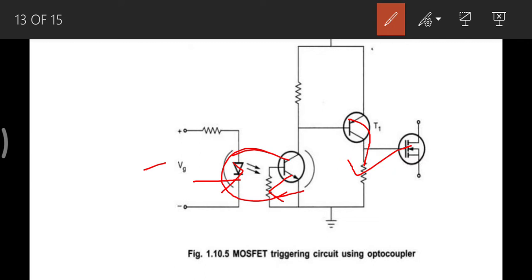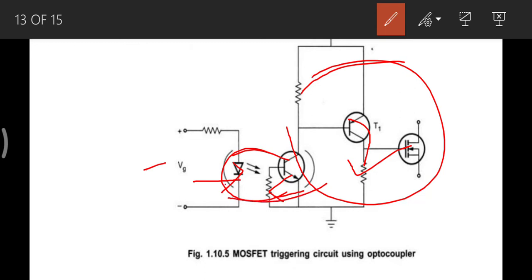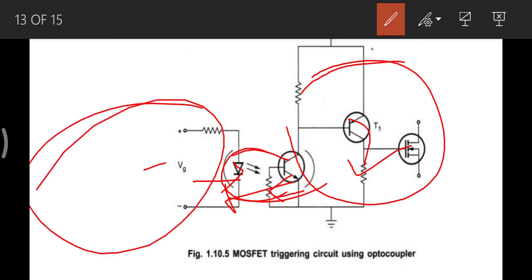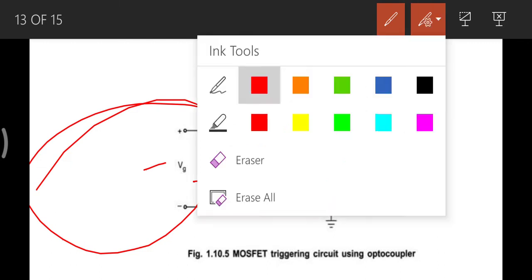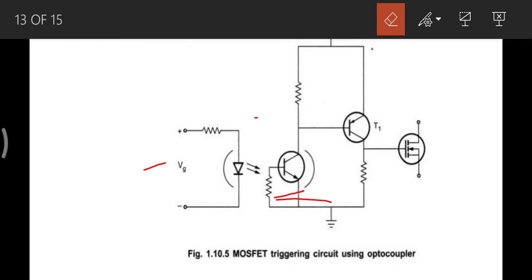So if any fault occurs on the load side or transistor side, it does not affect the triggering circuit. Here we are using the triggering pulse. Why? Because it is not connected electrically. If there are any faults or rises in the circuit, those faults reach only up to this side.